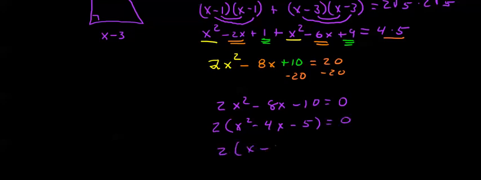And then we have x minus 5 and x plus 1 equals 0. x minus 5 equals 0, x is equal to 5. x plus 1 equals 0, x equals negative 1.